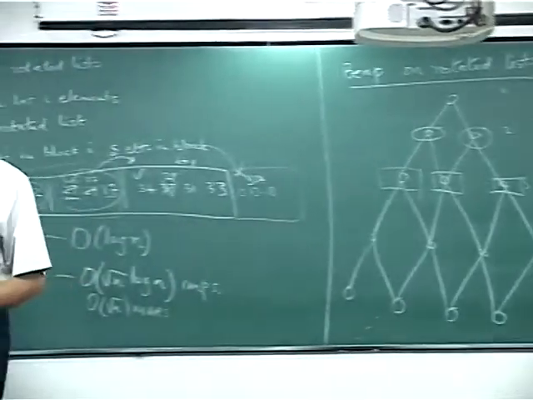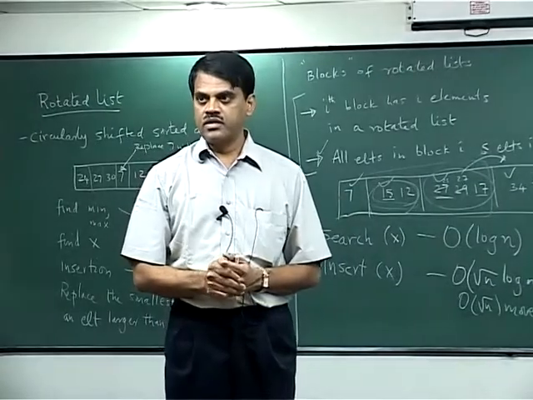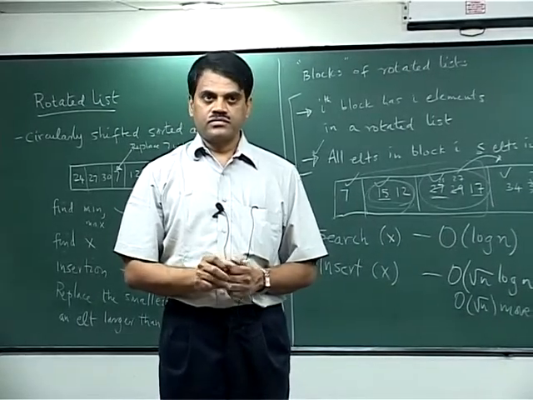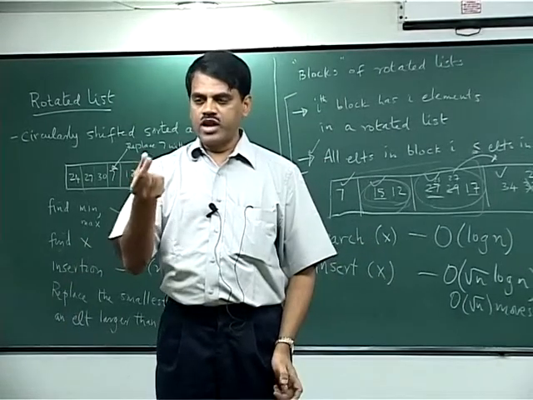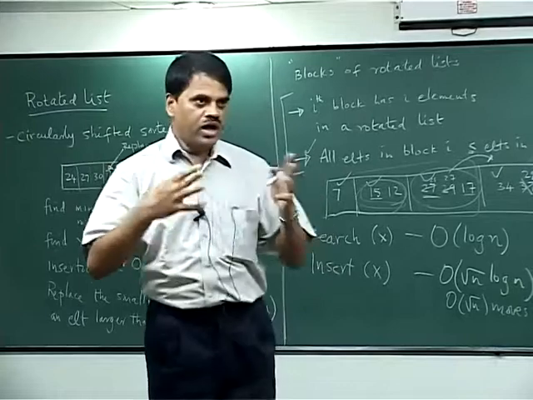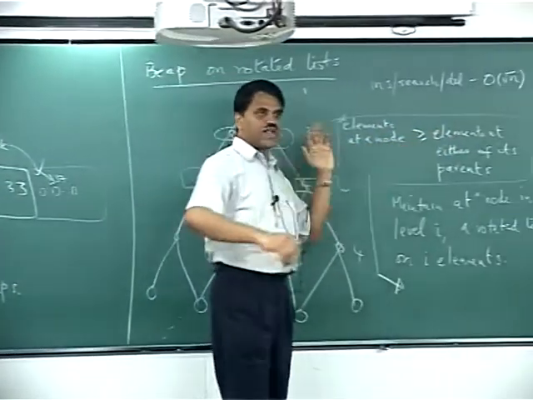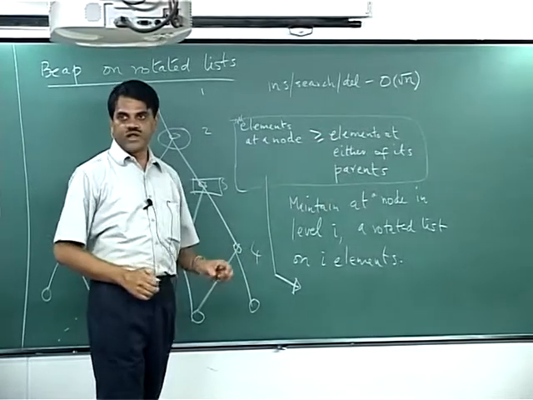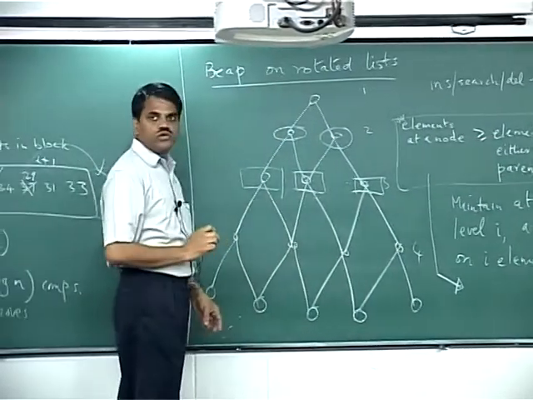Okay, that is all the structure. Is that clear? So, I have a biparental heap. Now, instead of every node having one value, it is going to have a rotated list of values. Now, it shouldn't be hard for you to visualize this whole thing in a single dimensional array, right. So, how many values are here at level 2?